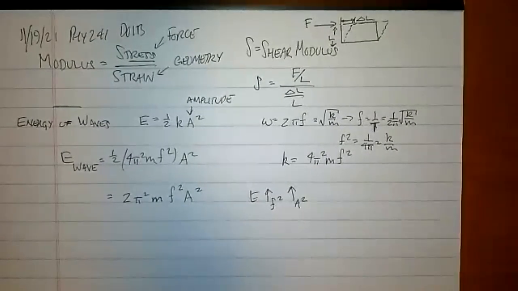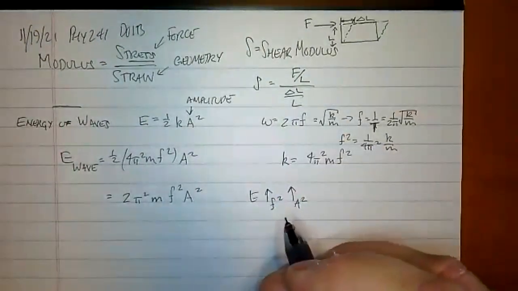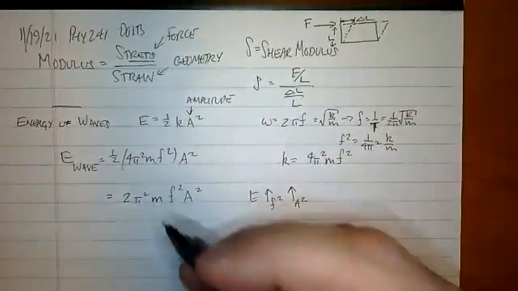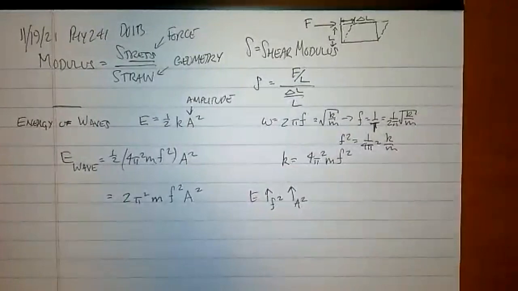Okay, so if you want to think about this in terms of mass, we can't really talk about the mass of a wave, but we can sort of talk about the density of the material through which it's traveling.